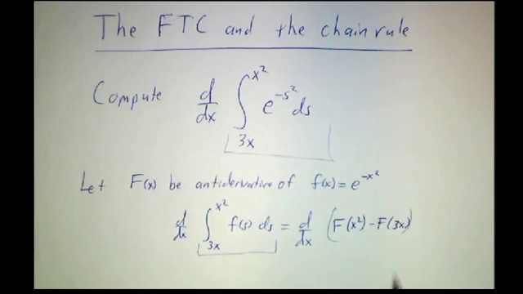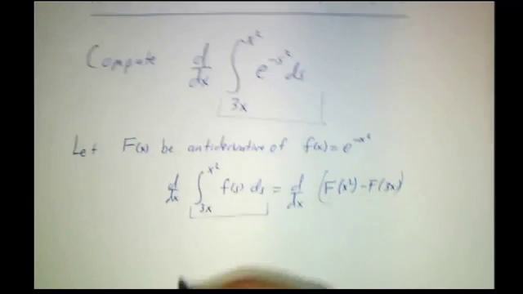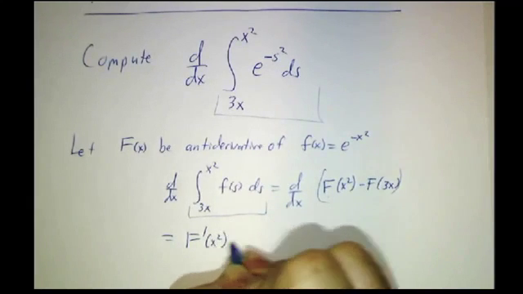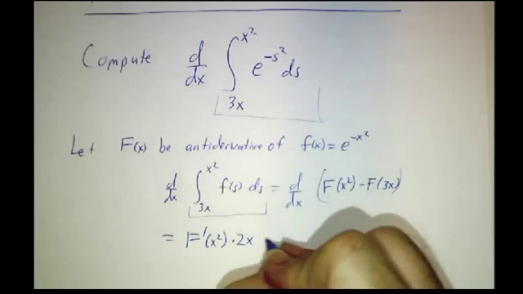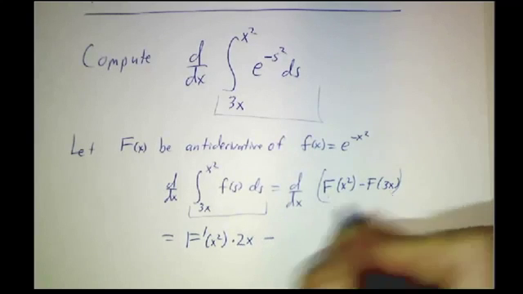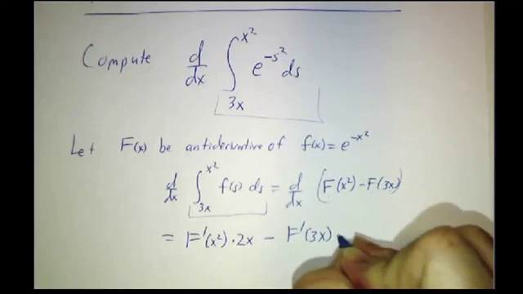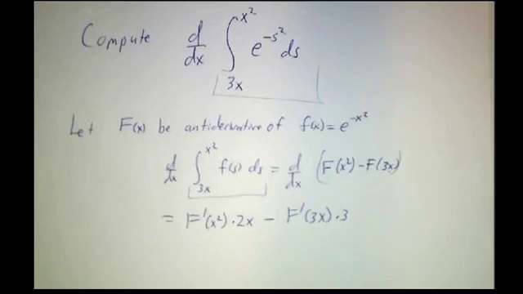Now, we don't happen to know a formula for big F, but that's okay, because now we apply the chain rule. The way you take the derivative of big F of x squared is you take f prime of x squared times the derivative of x squared. And the derivative of big F of 3x is f prime of 3x times 3. And now here comes the magic.